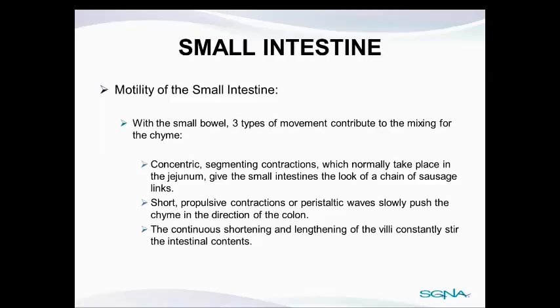Short, propulsive contractions, or peristaltic waves, slowly push chyme in the direction of the colon. These contractions are found predominantly in the first portion of the duodenum and the jejunum. The continuous shortening and lengthening of the villi constantly stir the intestinal contents.